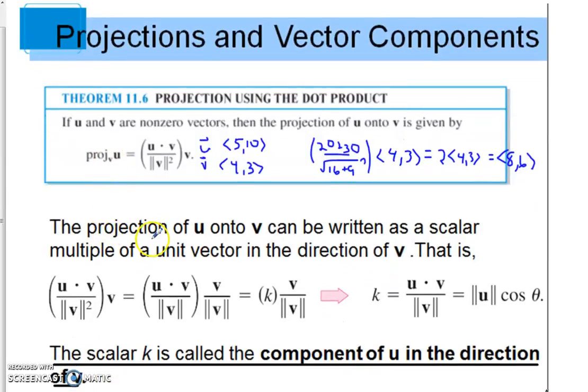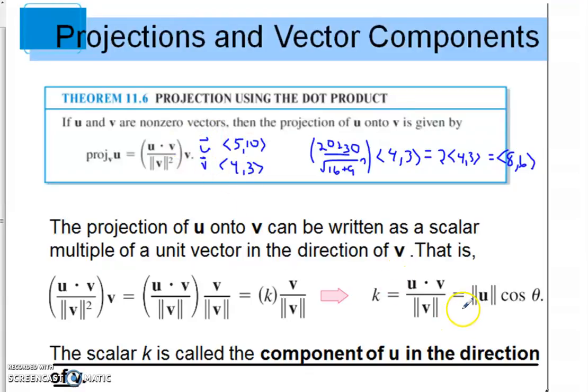Okay. The projection of u onto v can be written as a scalar multiple of a unit vector in the direction of v. We're just saying it's a scalar multiple times the unit vector, and you can see the unit vector part is right here. The scalar part is simply u dot v divided by the magnitude of v, which we did up there to a certain extent.